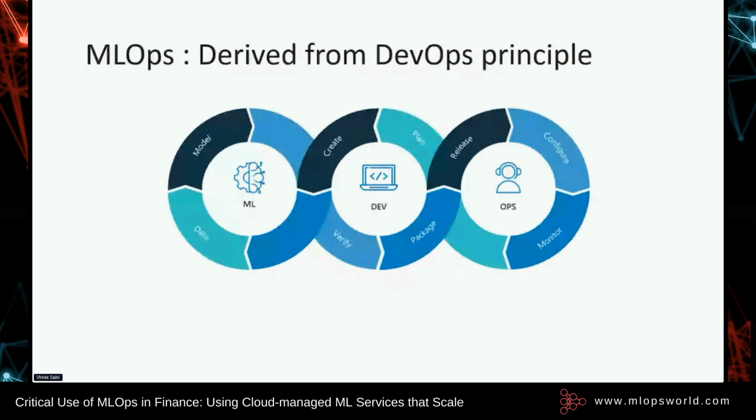So when I say MLOps and DevOps are so related, how is MLOps derived from the DevOps principle? Because DevOps was the initial strategy that all of us had been heading towards. Unlike DevOps, MLOps is much more experimental in nature. That's the critical differentiator.